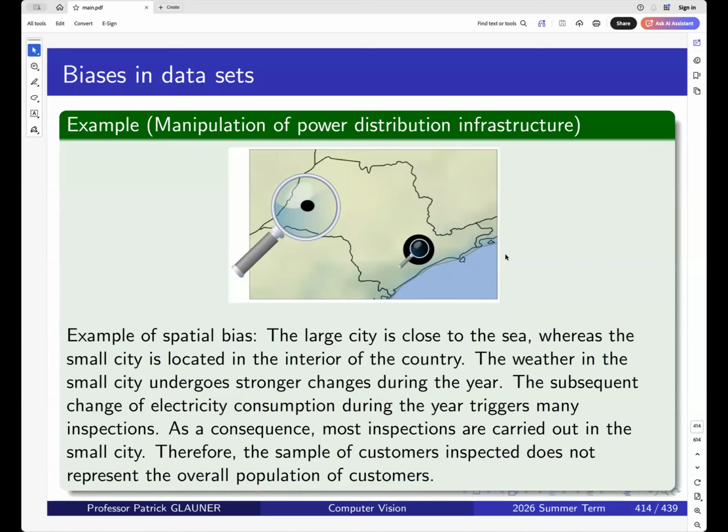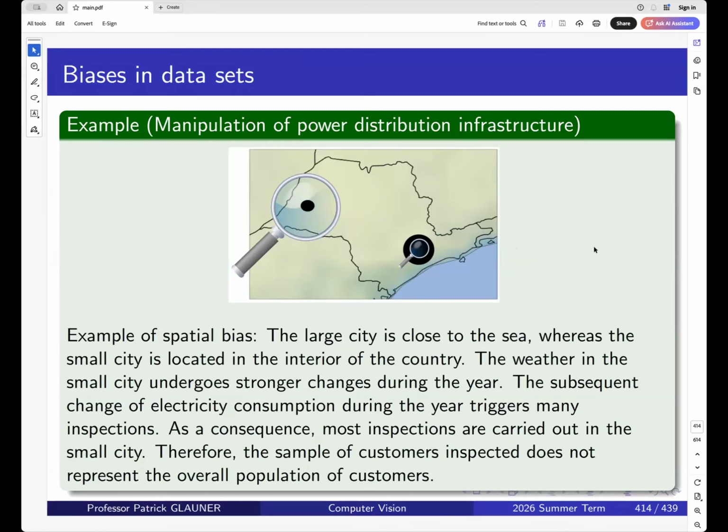Why does it create a bias? Because the electricity consumption in the small city is totally different than in the big city. In the big city, which is in Brazil next to the shore, it may be very hot both in the summer as well as in the winter, so there's a lot of electricity consumption for aircon. While more towards the inside of the country, it's maybe very hot in the summer, but a little bit colder in the winter.